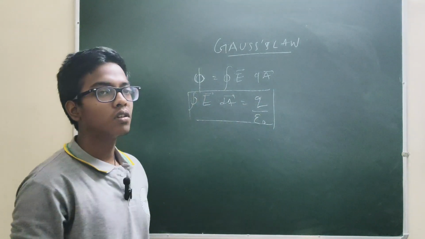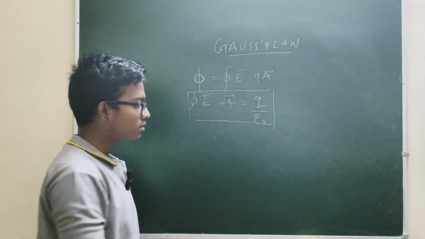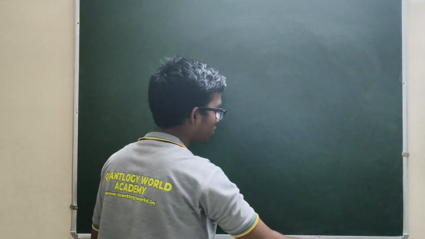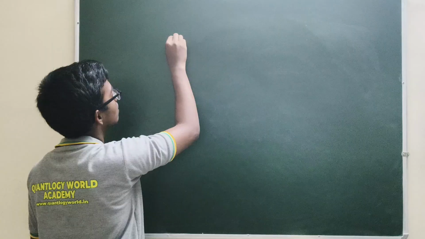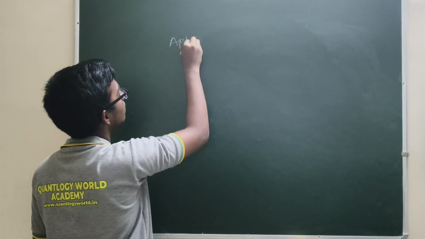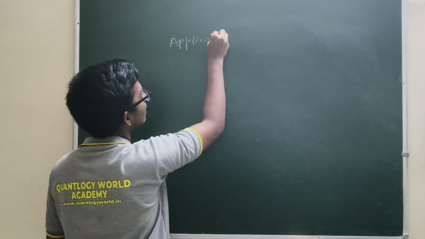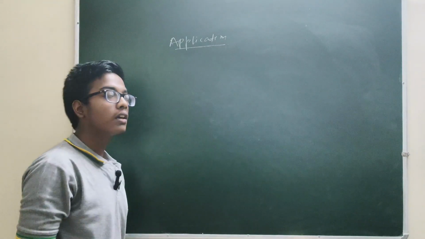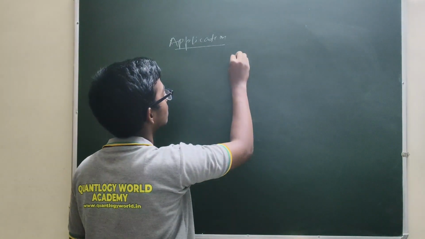Now we will move on to its application. So its first application is electric field due to an infinitely long charged wire enclosed within a cylindrical Gaussian surface.